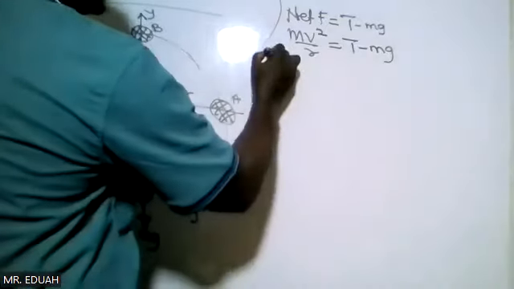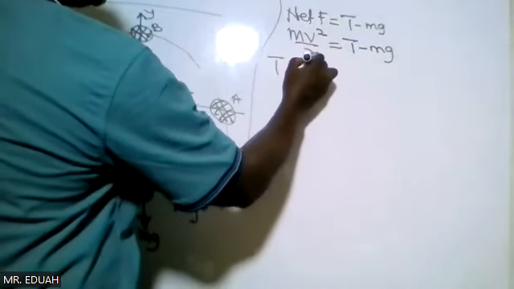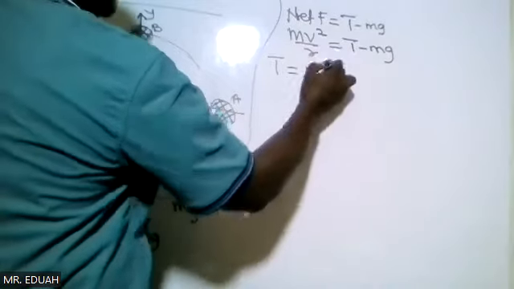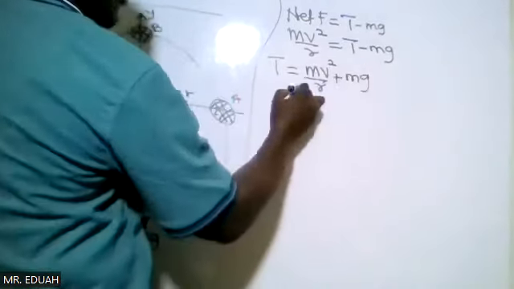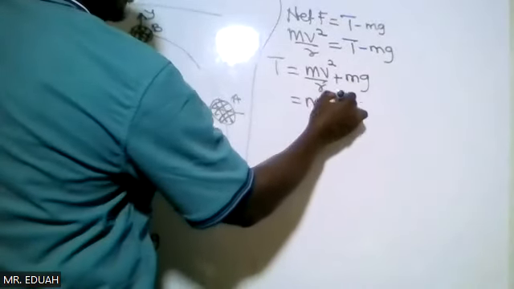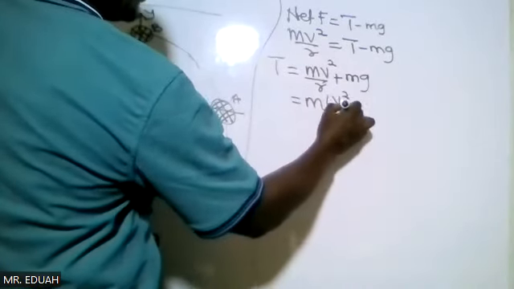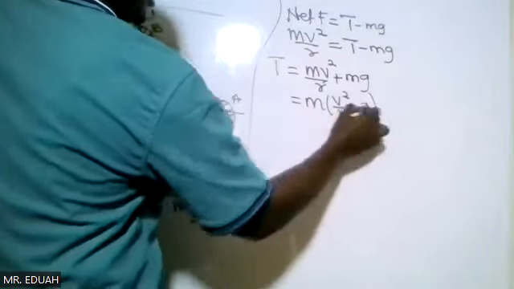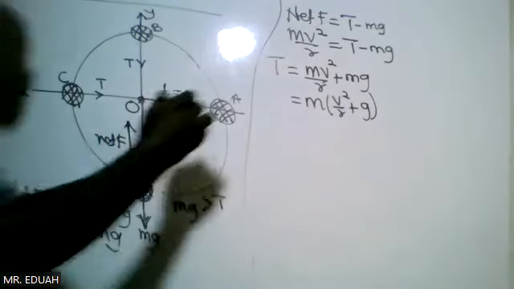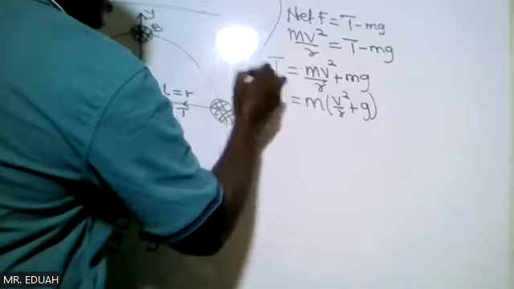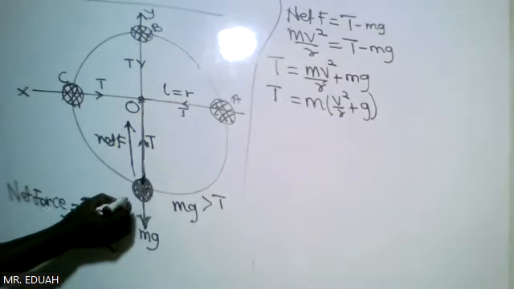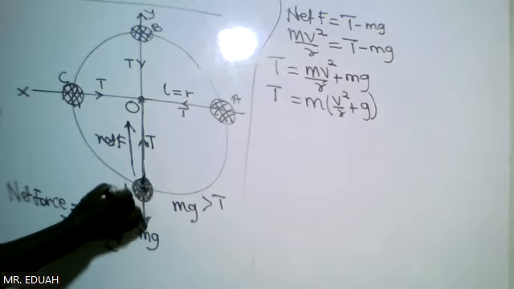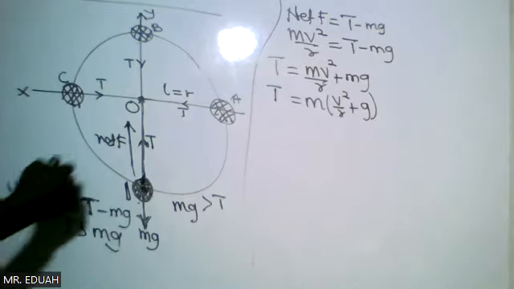Now, if you make T the subject here, you have T = mv squared over r plus mg. Therefore, taking m out, you have T = m(v squared over r plus g). And this gives us an expression for the tension within the string when the body is at D, below the circle.